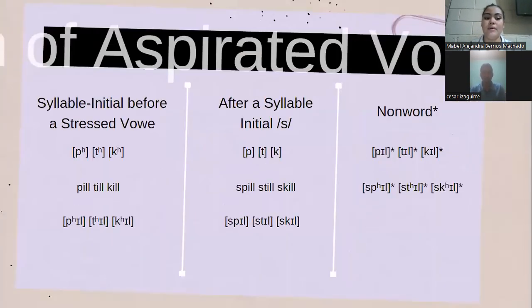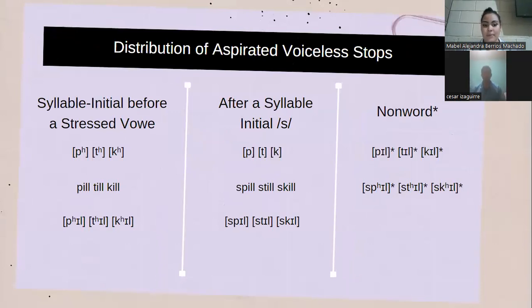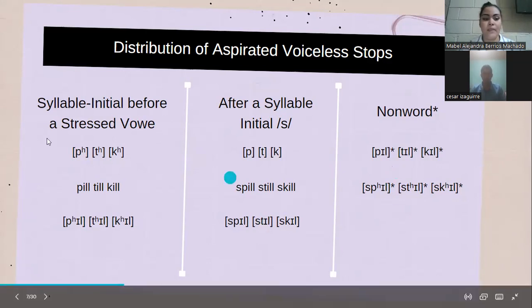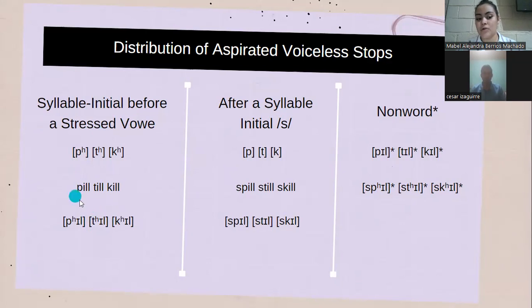Now we are going to talk about the distribution of aspirated voiceless stops. We have three environments: syllable initial before a stressed vowel, after a syllable initial, and non-words. Here we have some words. Syllable initial before a stressed vowel: peel, till, and kill.